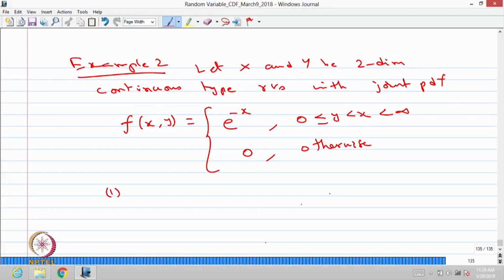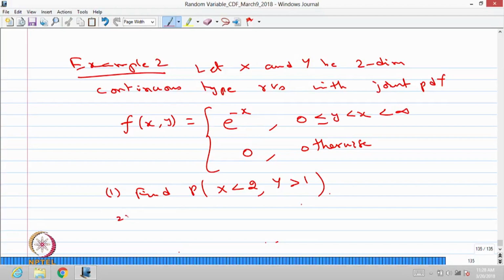You know how e power minus x goes. As x tends to infinity, it asymptotically touches 0. Therefore, the surface e power minus x goes down over the region 0 less than or equal to y less than x less than infinity, and the volume below it is 1. The questions are: first, find the probability of x less than 2 and y greater than 1.